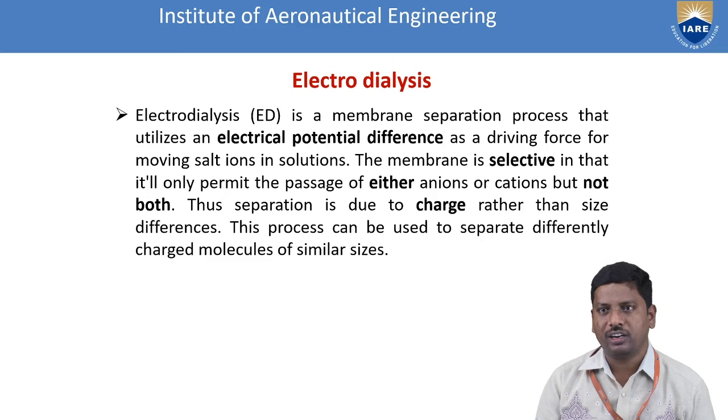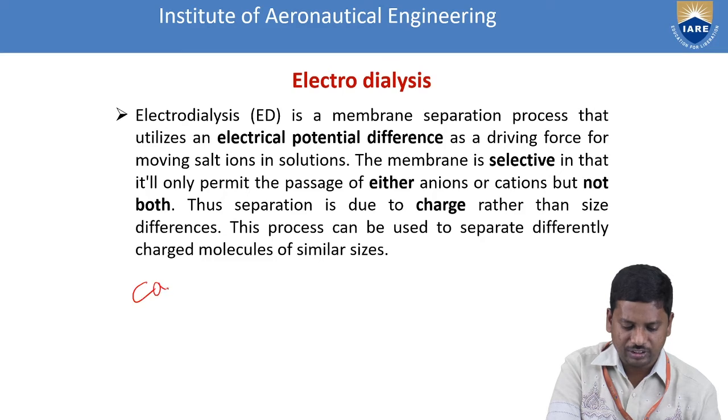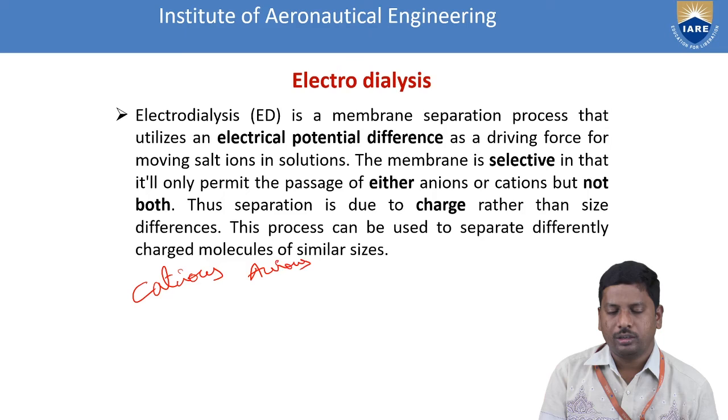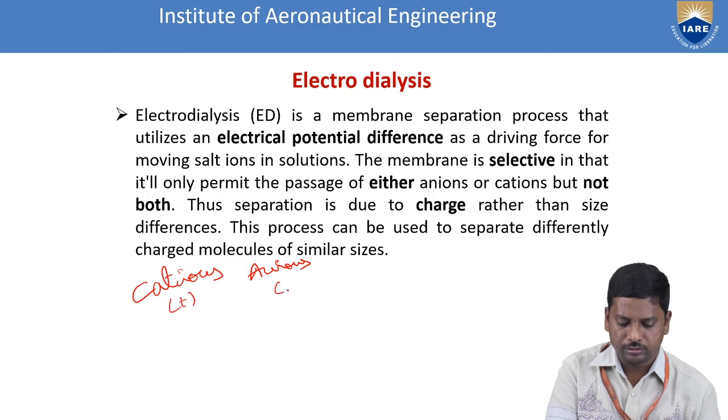Now let us see what the electrical potential difference is. Electrical potential difference means with respect to positive and negative. Under the applied EMF, the salt present in the sample of water dissociates into individual cations and anions. After the dissociation of the salt into cations and anions, they can be marked as both positive and negative.